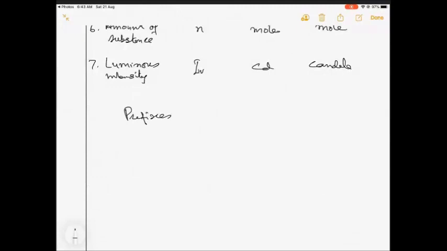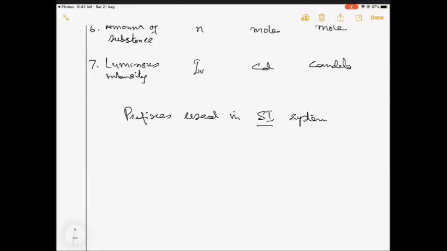Prefixes used in SI system. Now, as I told you yesterday, SI means what? SI system is basically a French term. SI means International System of Units.